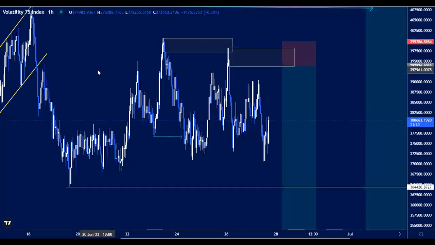The most important thing that I need you to understand is that the fundamental concept of looking at the market is the same, whether you're analyzing a synthetic pair, crypto, stocks, or currency pairs.